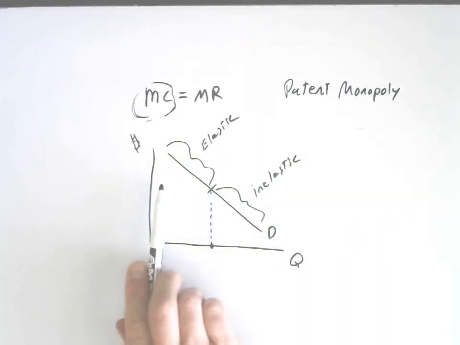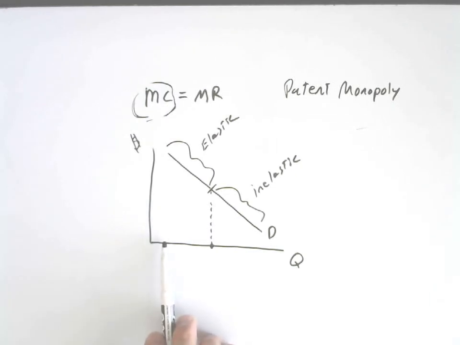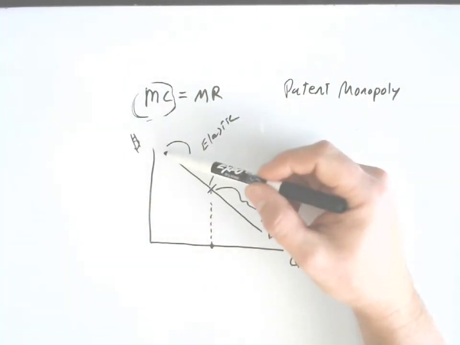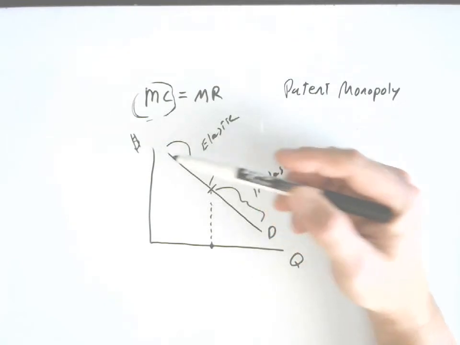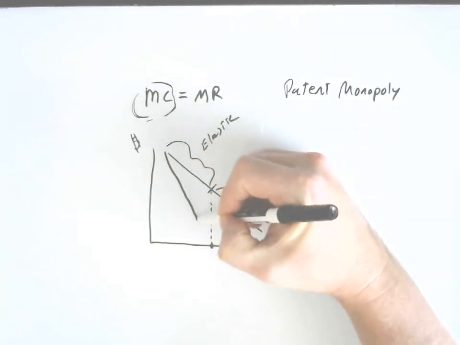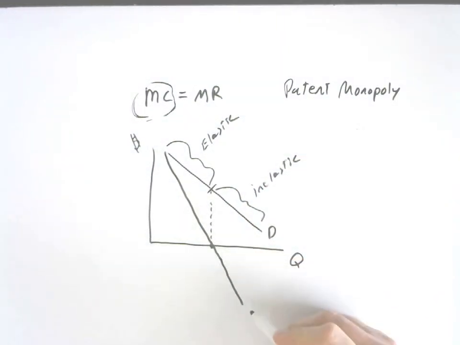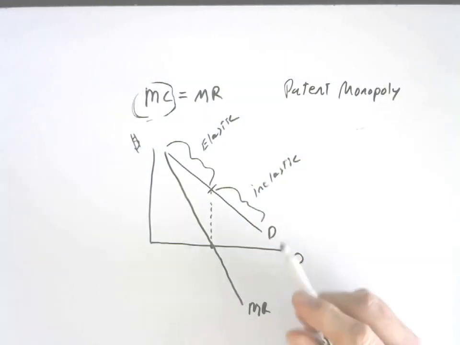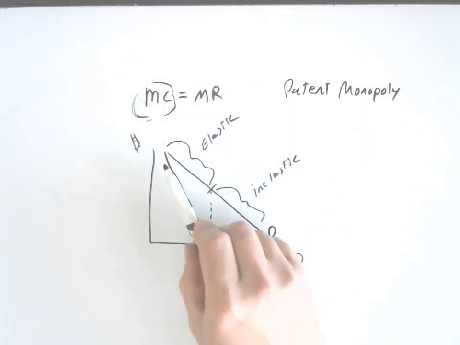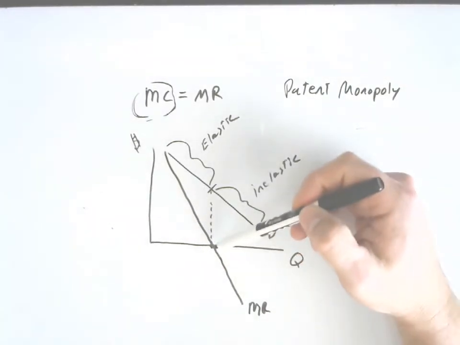Now, if we imagine that at the first unit sold, the marginal revenue would necessarily equal the marginal benefit of the product, then it must be the case that the marginal revenue curve is downward sloping, lies below the demand curve, and crosses the horizontal axis at the midpoint of the demand curve.